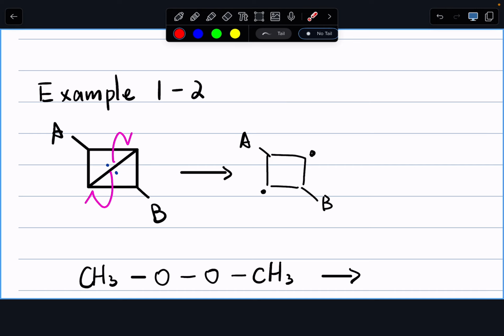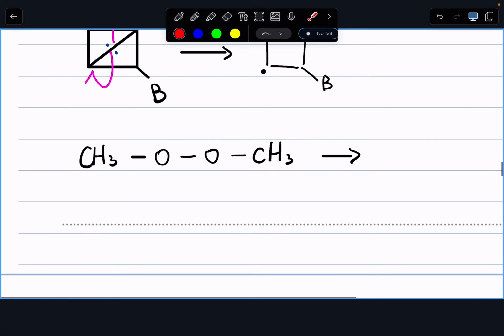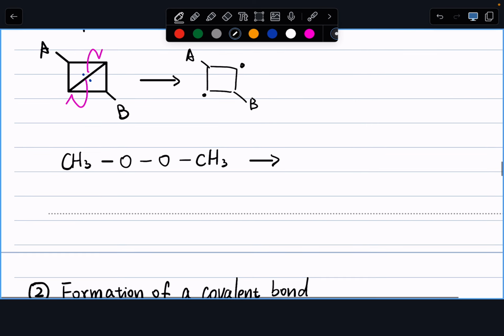Let's do one more example together. What if we start from the peroxide species, and I'm telling you we're forming two CH3O radicals?